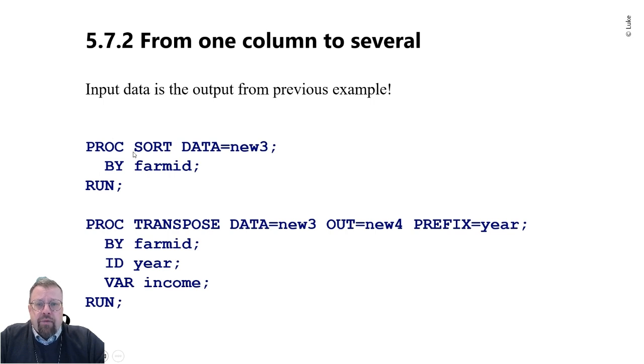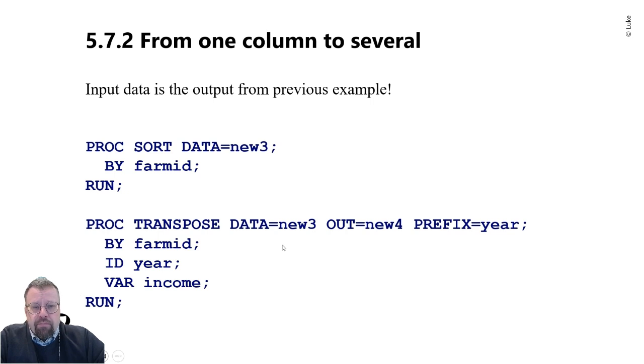So that's why we have the proc sort here. This takes the data set called new3 and it puts the rows in order based on the farm ID. This might already be true, but it's often good to have just in case if the data is not in order, and you get an error message if it's not true.